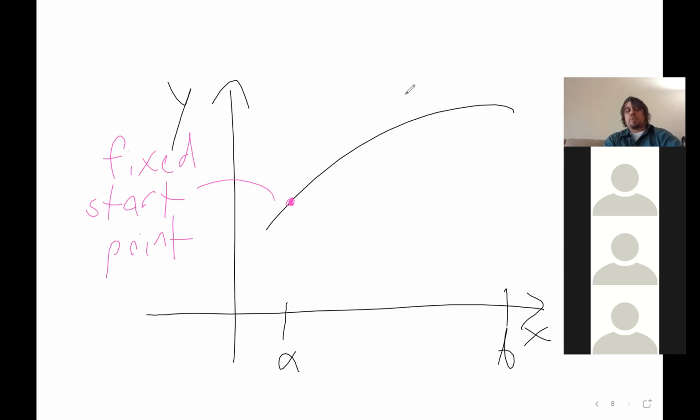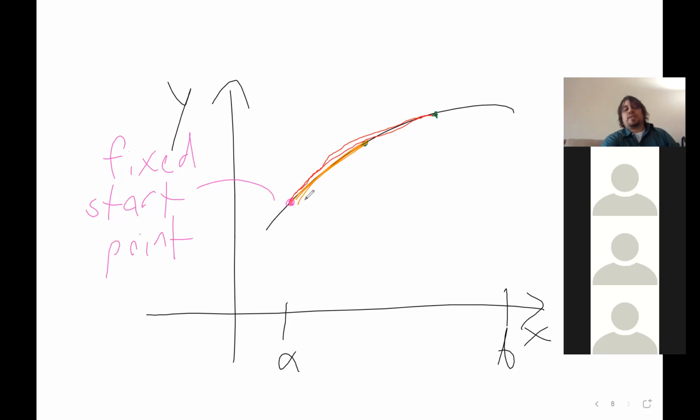So we're going to fix our starting point. And then this is going to be a function that if you take any other point, let's say you chose this point, then the function will tell you the length of the arc from your starting point to that point. Okay, and then if you choose a different point, then the function will say, okay, well, now we're going to tell you the length of this part.